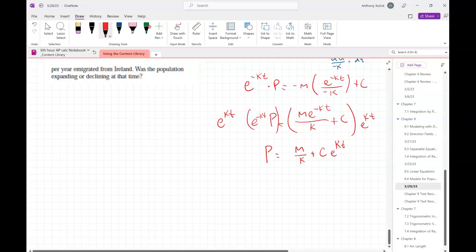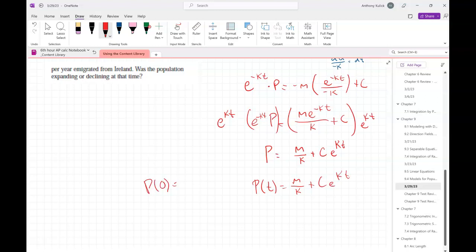All right, so then this is P of t. And we want to use then that P of 0 is equal to P naught. So P naught is equal to P of 0, which is M over k plus C times e to the k times 0.